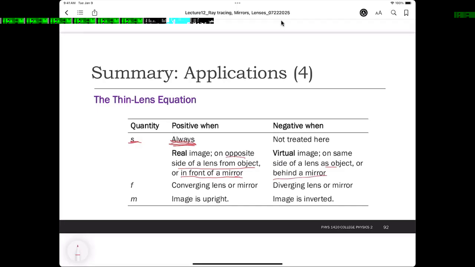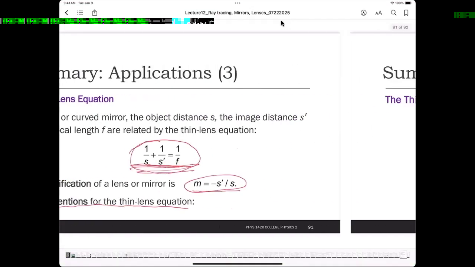For the focal length, for a convergent lens or mirror it is positive. For a divergent lens or mirror it is negative. And for the magnification, if the image is upright, it is positive. If the image is inverted, it is negative. So this is the sign conventions for the thin lens equations.